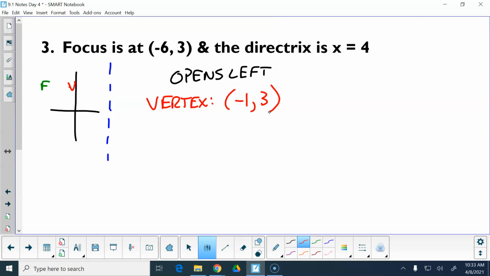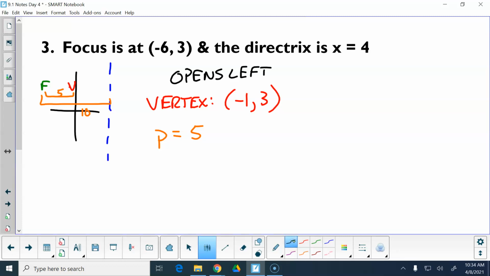Right? Which makes my p-value 5. The whole distance here was 10, which means that this distance is 5.